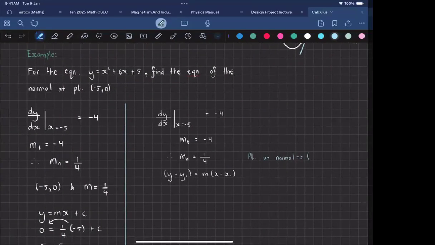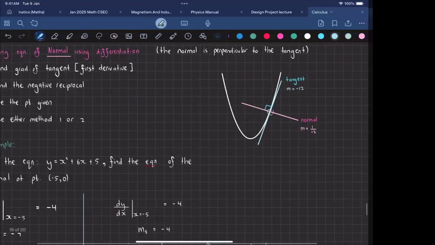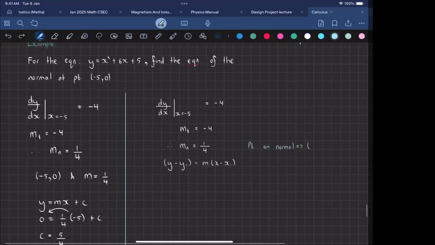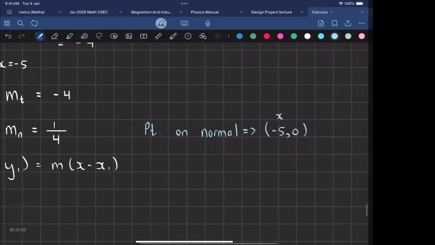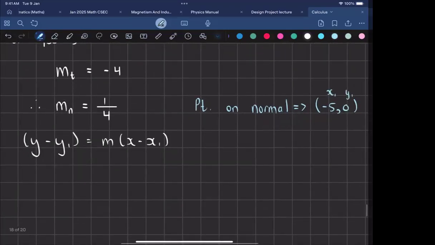Yes. Right. So the normal and the tangent, they pass through the same point. So that's minus 5, comma 0. In this method, we're gonna call this x1 and this y1, and we're just gonna plug it in. And we know that the gradient is a quarter.